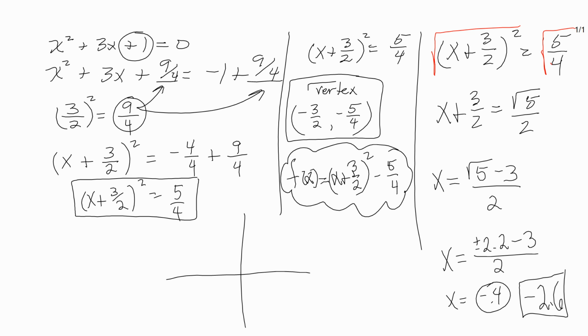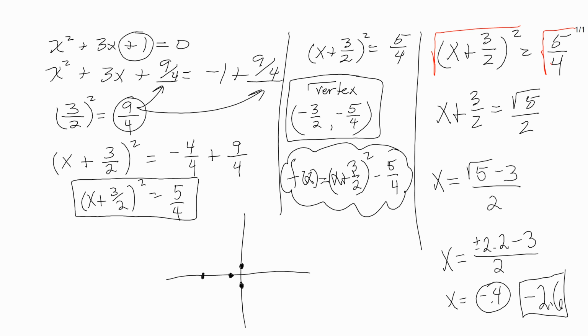And we've got negative 0.4. We've got negative 2.6. We've got a y-intercept of 1. Something ain't right. It's positive 1. Thank you. Positive 1. There we go.